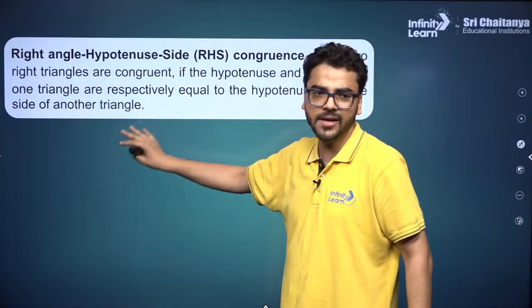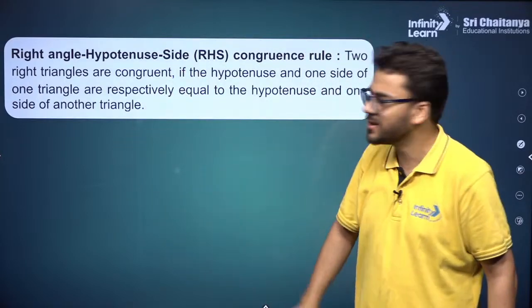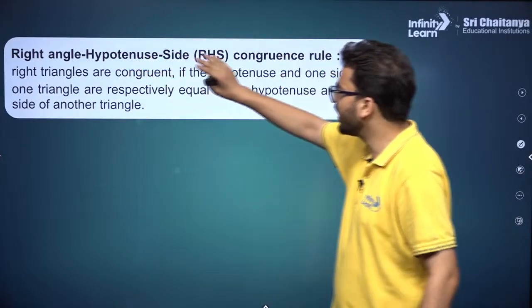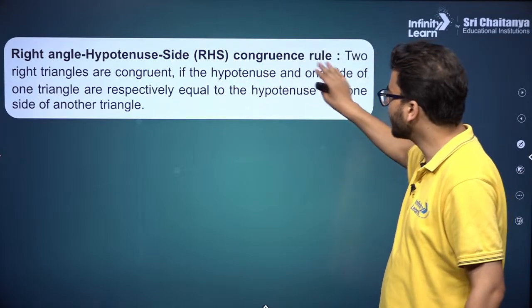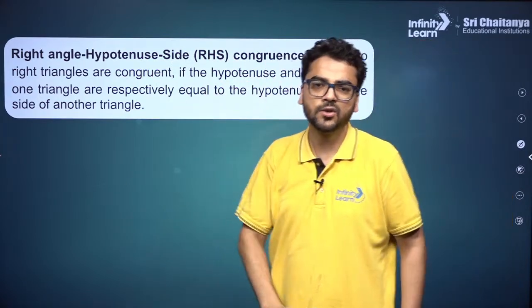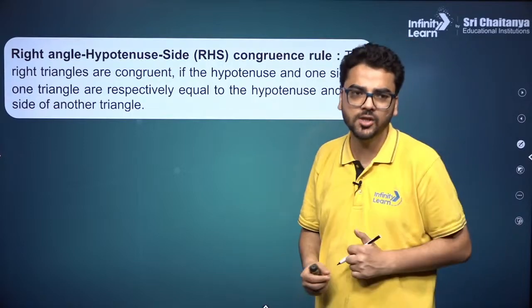This congruency criterion we were not able to do in the previous session. That is the right angle, hypotenuse and side, RHS congruency criterion. So this is there for right angled triangles only.